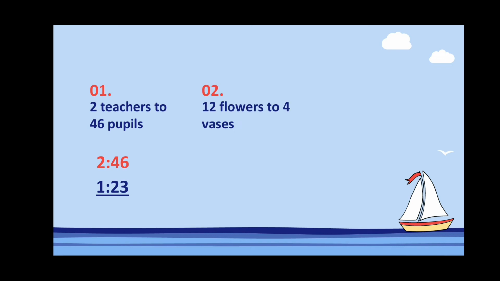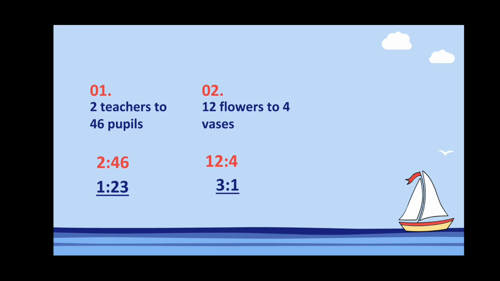Next, number 2, 12 flowers to 4 vases. The ratio in column form is, yes, it's 12 to 4. Very good. So what do you think is the GCF of 12 and 4? Okay, so it's 4. That's why your simplest form will be 3 to 1.